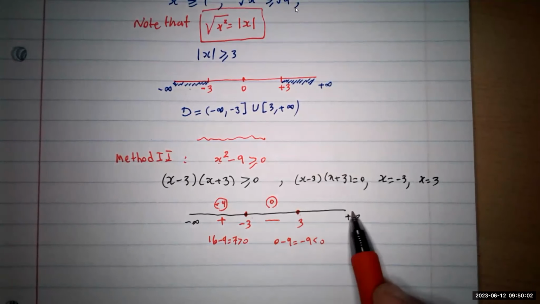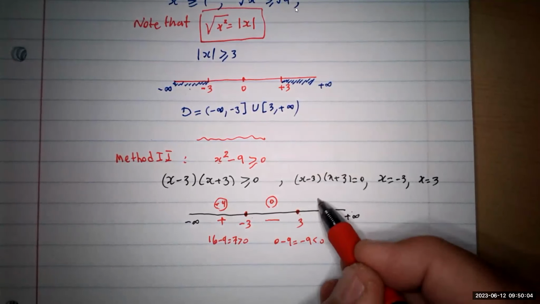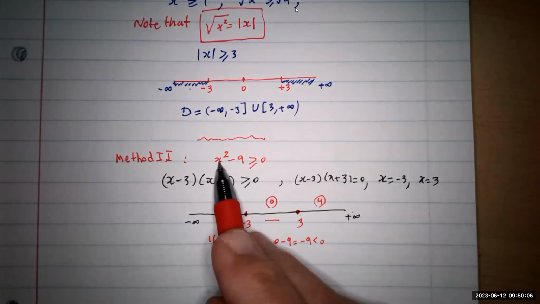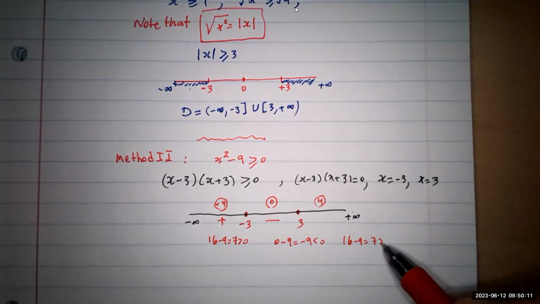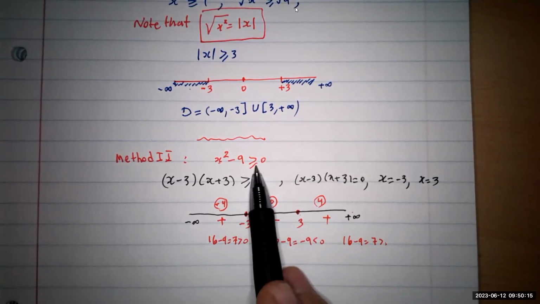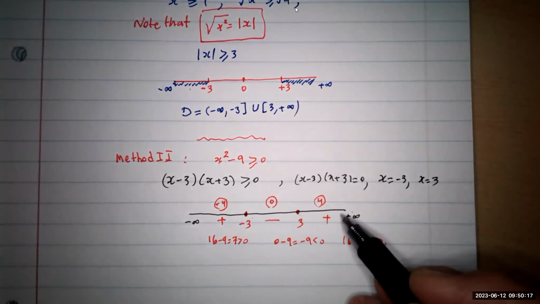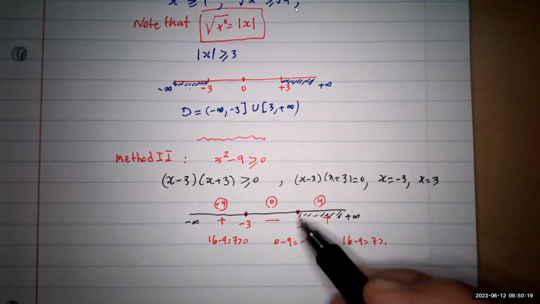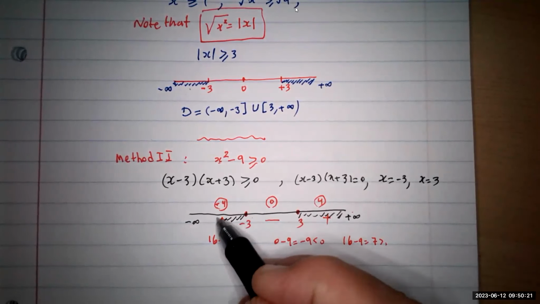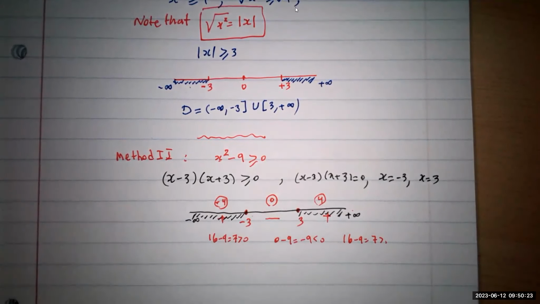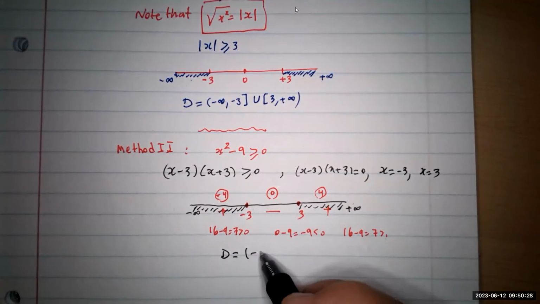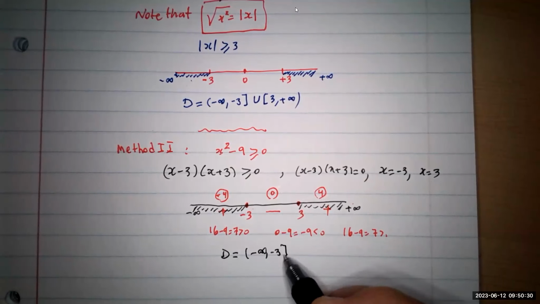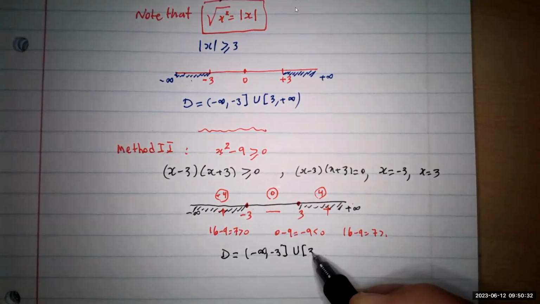And over here, you pick a number like positive 4, and you drop it here, that gives you 16 minus 9, which is positive 7. Okay, you are interested in positive, so we're going to shade the positive part. That gives you the same answer. So the domain of the function is the shaded area: negative infinity to negative 3, union with 3 to positive infinity.